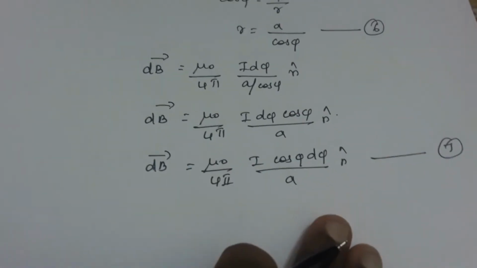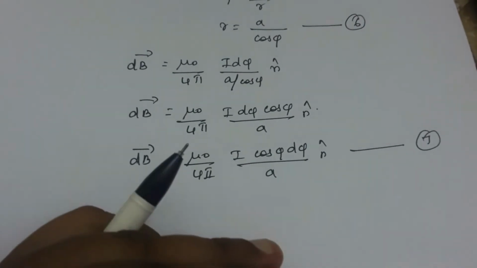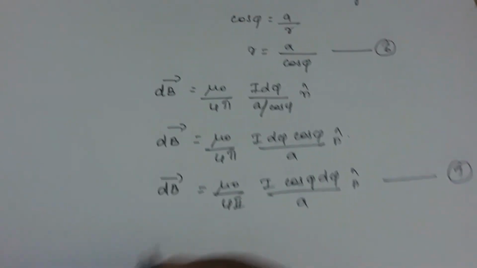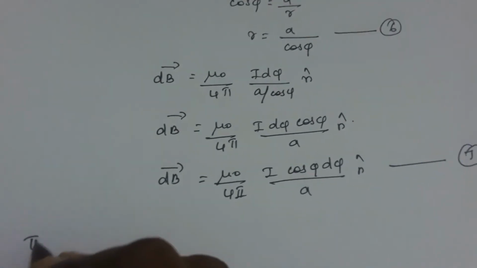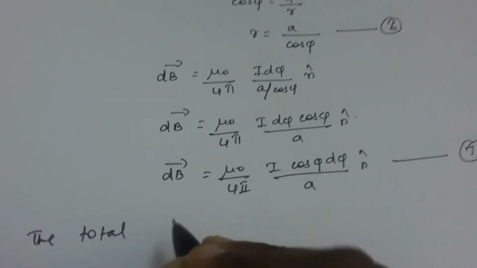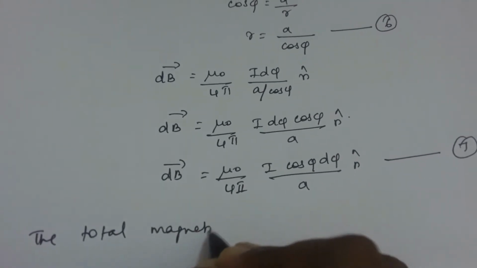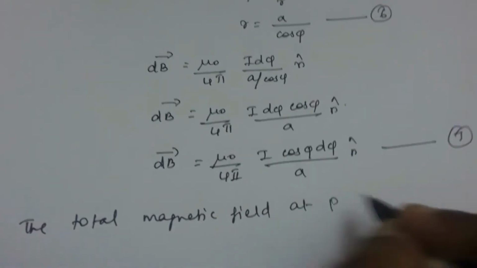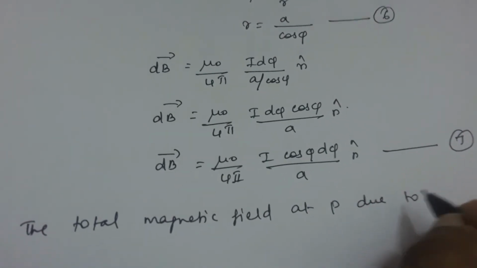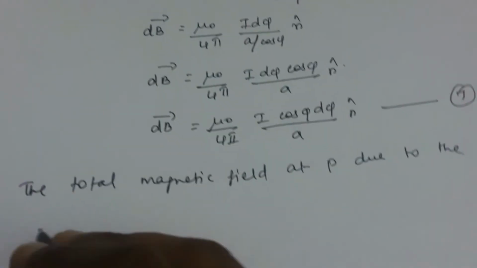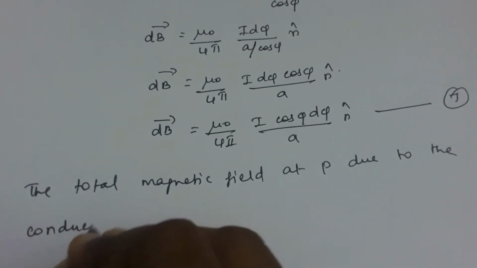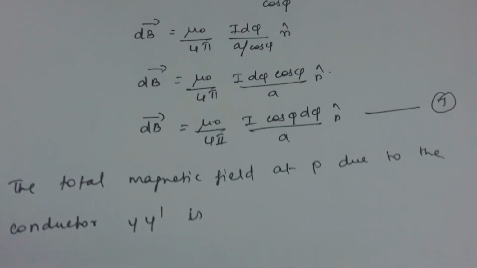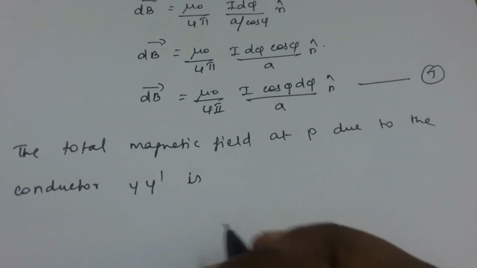Now we have to go for finding the magnetic field at P due to the conductor y dash. So I can write the total magnetic field at P due to the conductor y dash. Now how to find it out? Just integrate it.